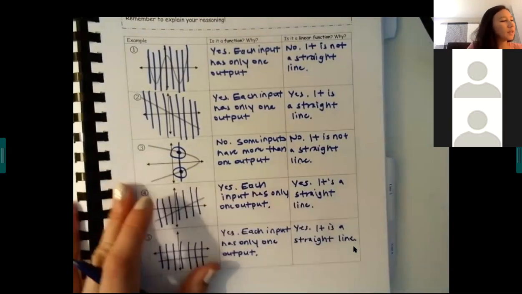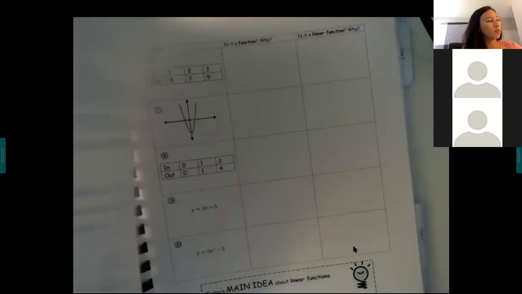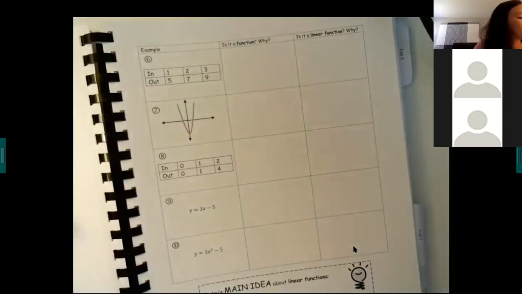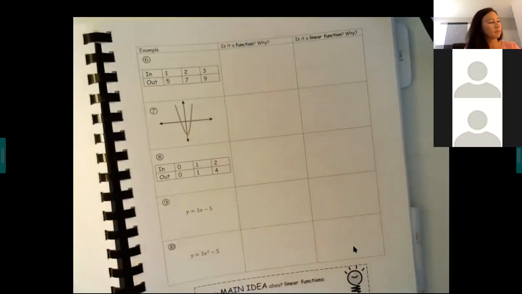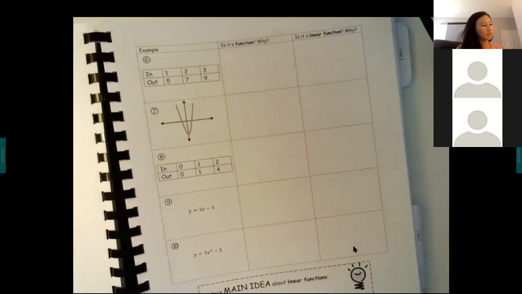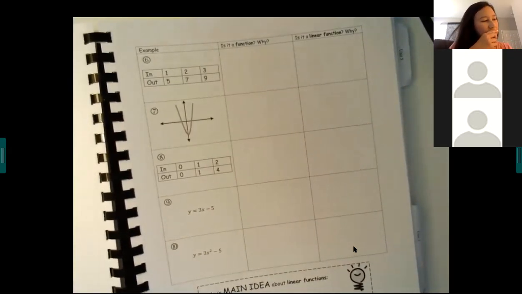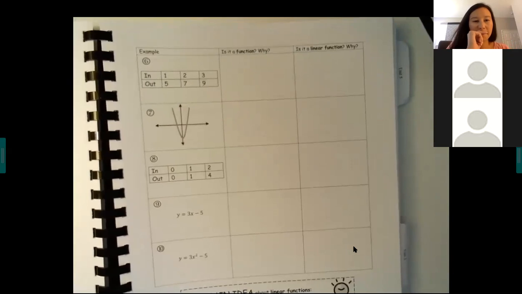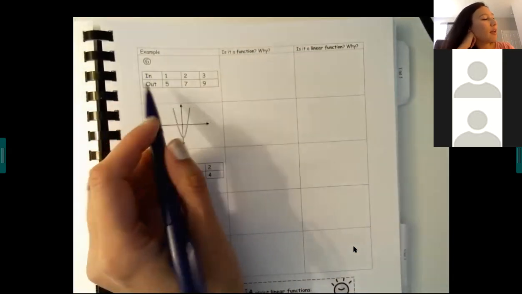Okay, and I do want to do a little bit on the next page because it has the tables. So we'll just do two on this page. So number 6, is it a function?